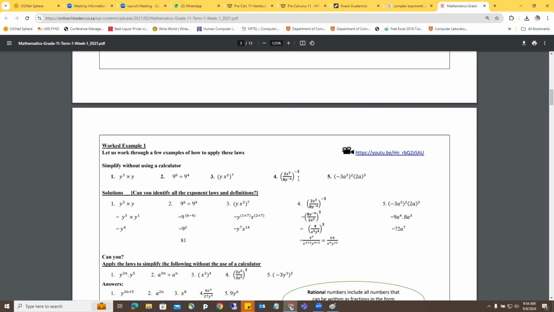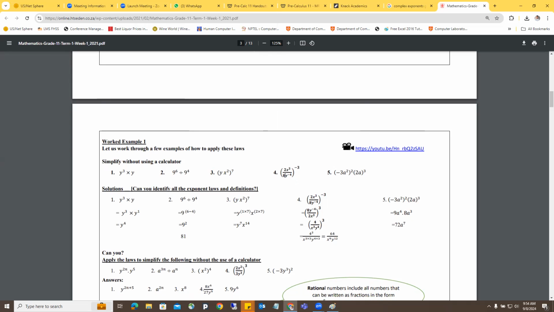So, 64 over x to the power of 9 y 12, right? Yeah, that is correct.